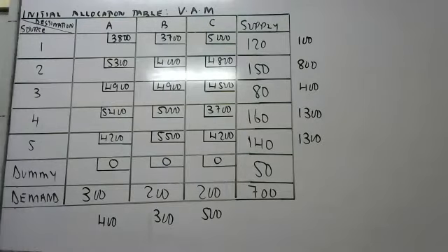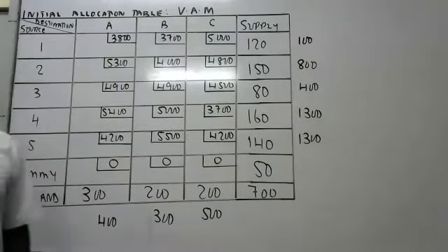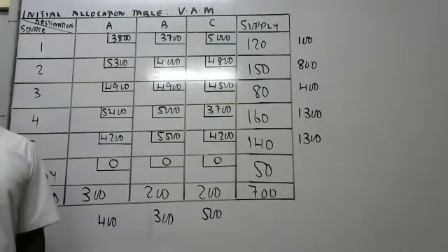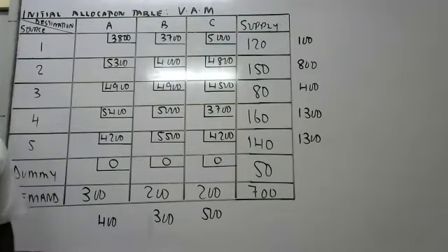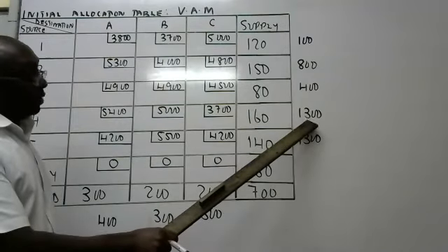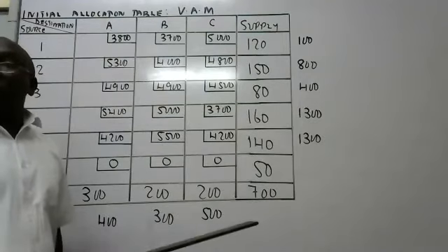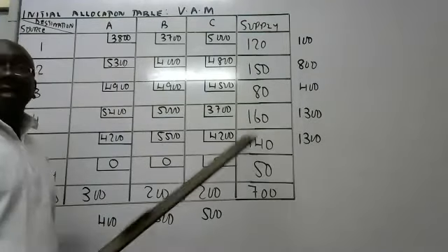So with a penalty of 1,300, you select the highest in that set. The highest of all is 1,300, but they are two of them. I told you this penalty is said to come from the cell with the smallest cost, either in the row or the column where you have identified that.